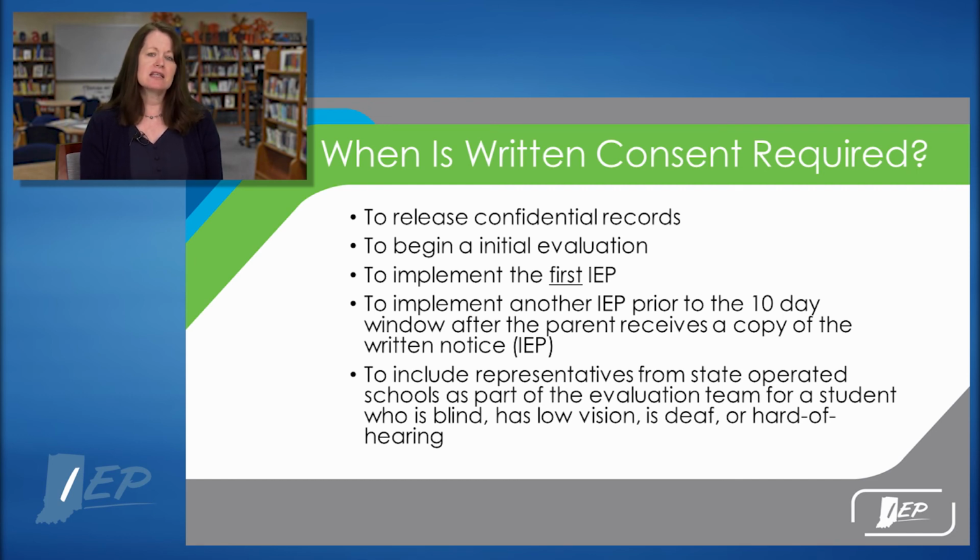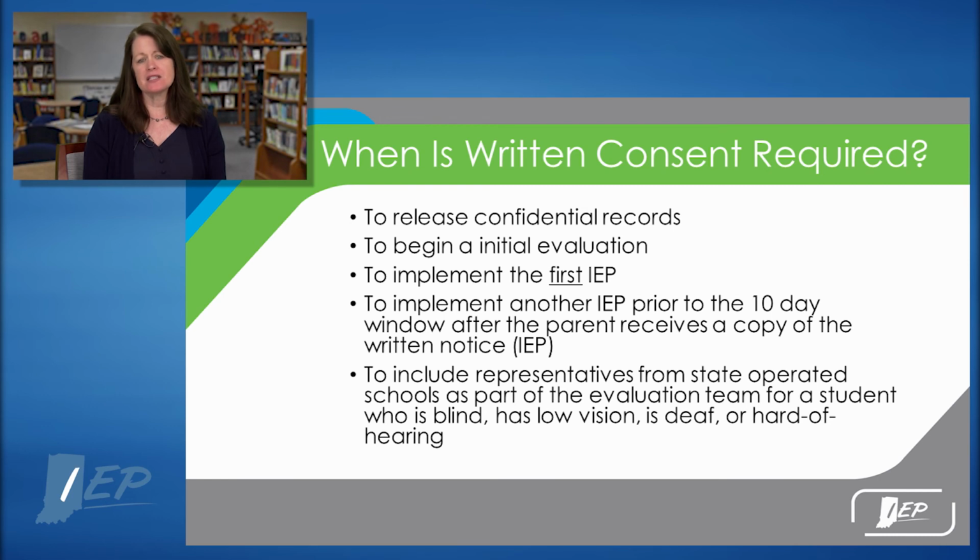Otherwise, if that 10-day window expires, we can go ahead and implement that IEP even without a signature. But for the very first IEP and for implementing other IEPs sooner than letting that period of time elapse where the parent would legally be able to challenge the IEP or ask for adjustments, things like that, we would have to have written consent for that.